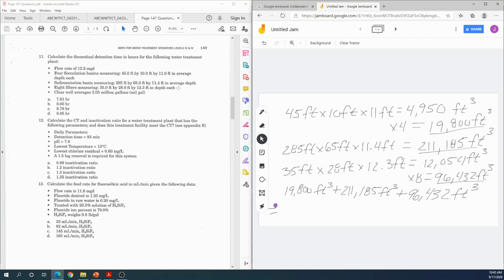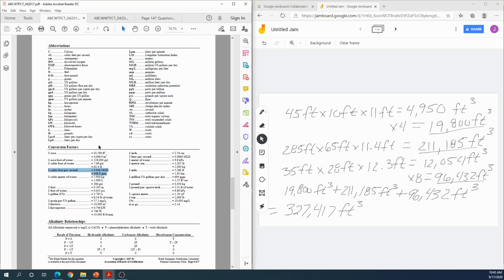And that's going to equal 327,417 cubic feet. So now we need to go ahead and convert our cubic feet into million gallons.